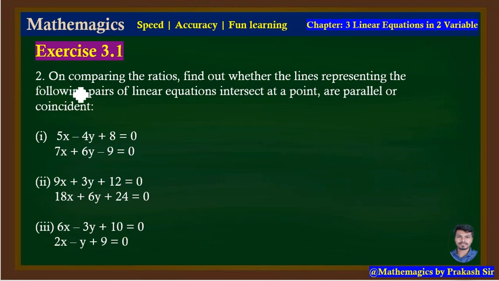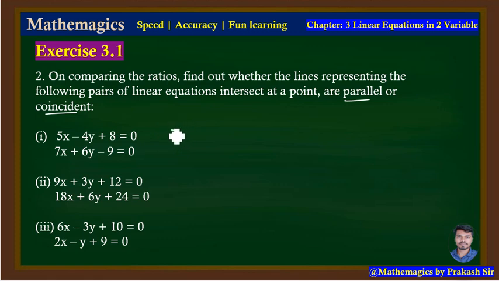So let us move forward to another question to get some more knowledge. Question number 2 is: on comparing the ratios, find out whether the lines representing the following pairs of linear equations intersect at a point, are parallel or coincident. In the earlier part, we already went through the main important conditions by which we can state whether the lines are parallel, coincident or intersecting. So let us start. We have to take the ratios of the coefficients of x, y and the constant.